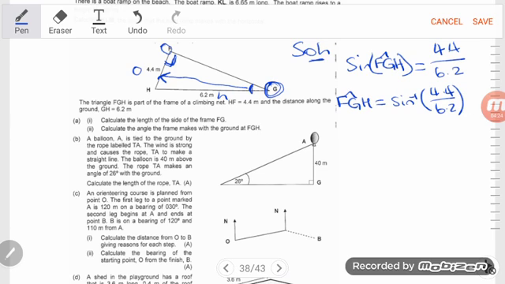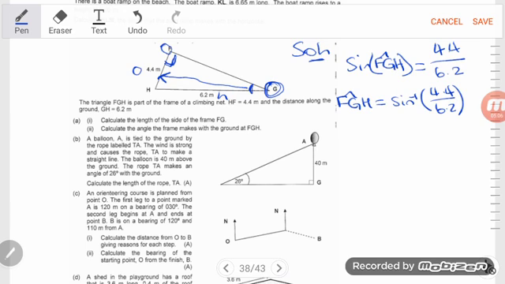Now, when you put it into your calculators, make sure it is in degrees. Otherwise, I think sometimes it's normally in radians, and if it's in radians and you're looking for degrees, it's going to look like some really weird number, when you're expecting degrees. So when you put it in your calculator, make sure you put it as sine inverse, and then you put your brackets around 4.4 over 6.2.